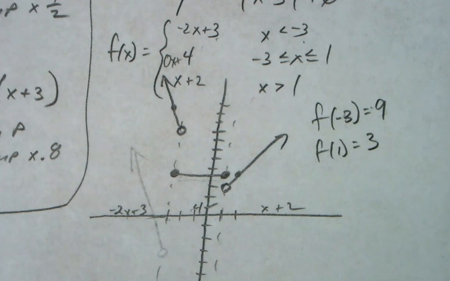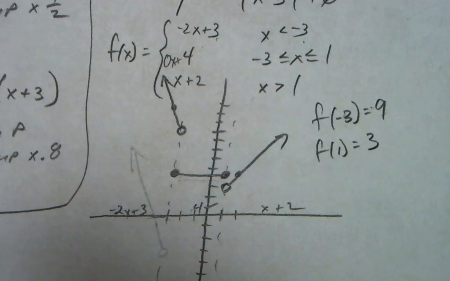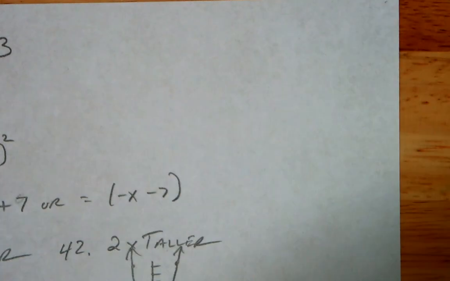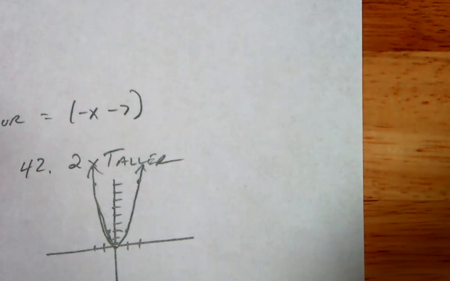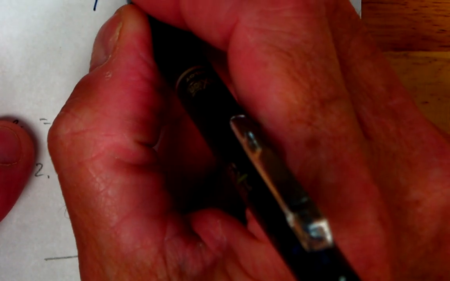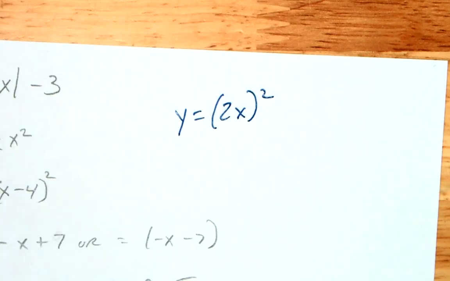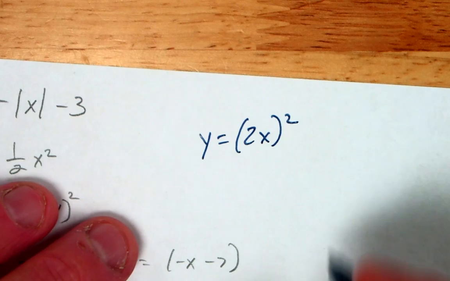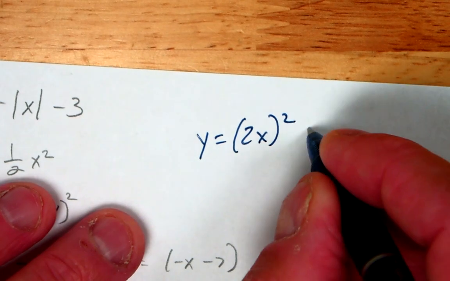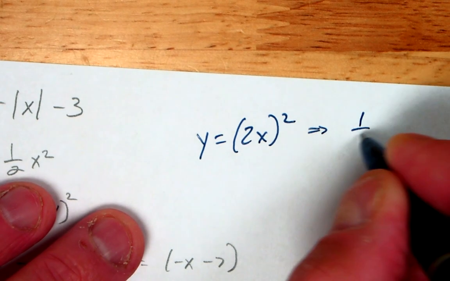That one, I'll tell you what, don't worry about that. Don't worry about it. But if you think about it, if I did something like this, we'll talk about it just a little bit, but I'm just saying don't lose sleep over it. So if I had y equals, let's go 2x squared. Well, okay, let's get to where this is. And so we agree that that would be a shrink times 1/2.